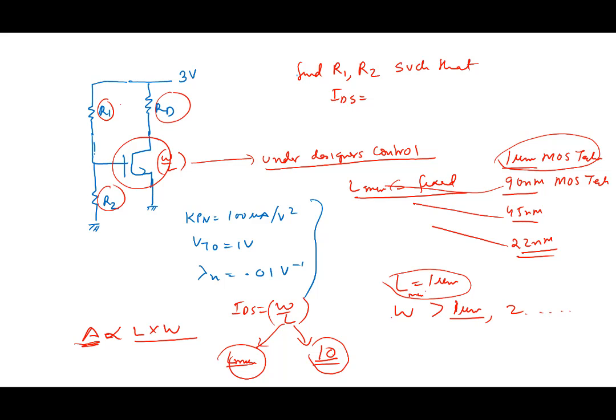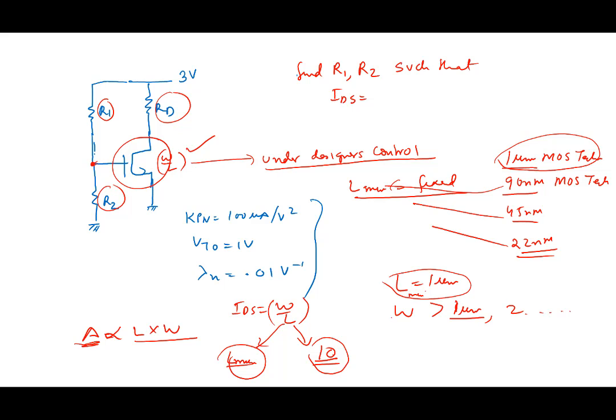You also have W by L under your control. You can decide you want W by L equal to 10, 20, 30, whatever you want. Of course, you can't use very unrealistic values, but W by L of 100 also people use, W by L of 200, 300, all these values are possible. So that's an additional thing that is under your control here.